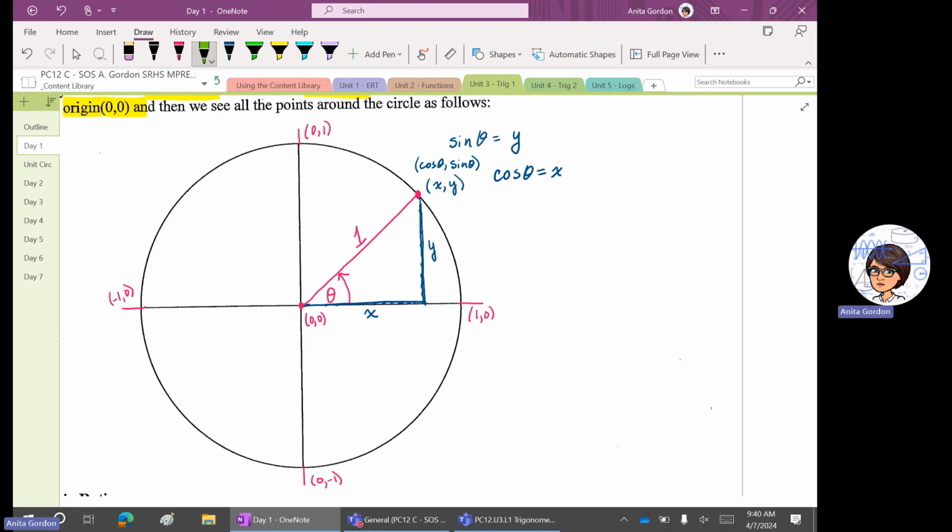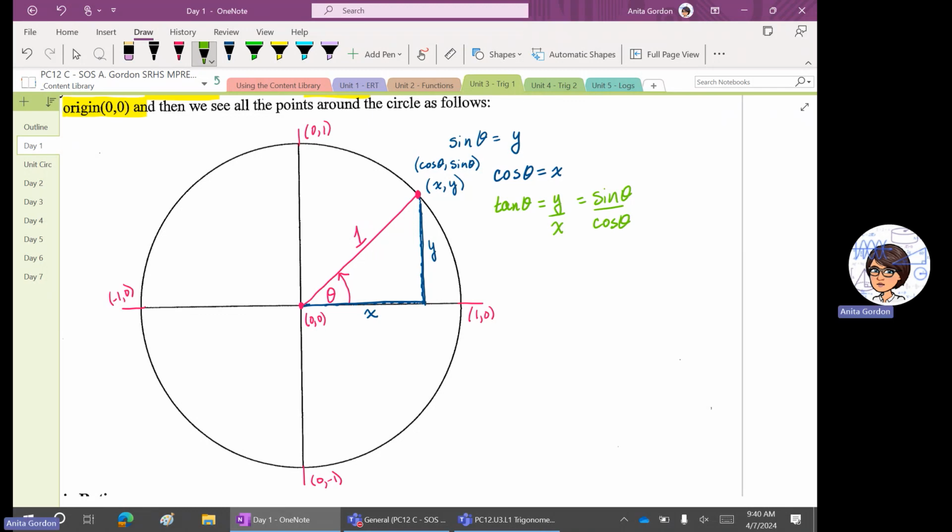Now, what about tangent? Tangent of the angle is opposite over adjacent. So height y over x. In other words, sine theta over cos theta.